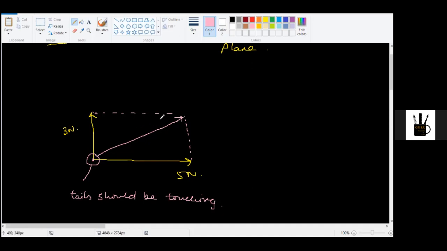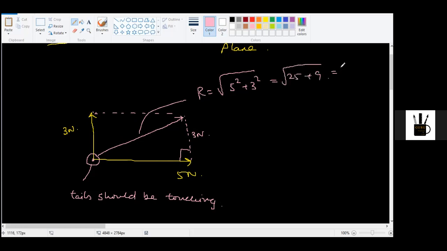Okay. This is nothing but your hypotenuse in this particular case, because this is 3 Newton, so this is also 3 Newton. This is 90 degrees, so this is your hypotenuse. So R here is the square root of 5 squared plus 3 squared, which is 25 plus 9, which is 34.